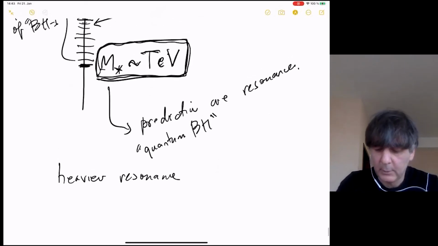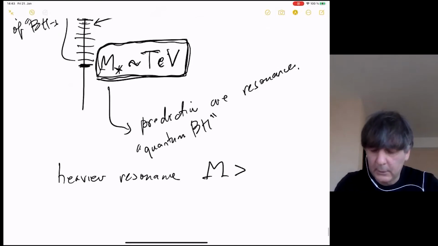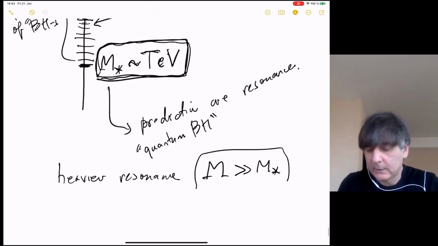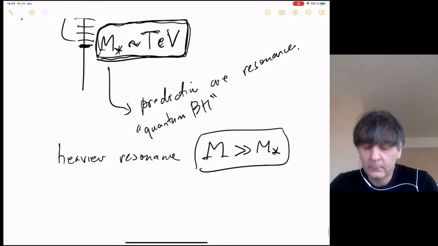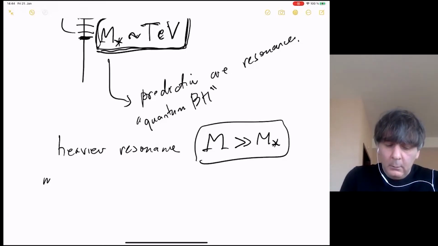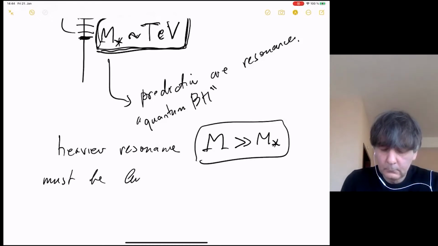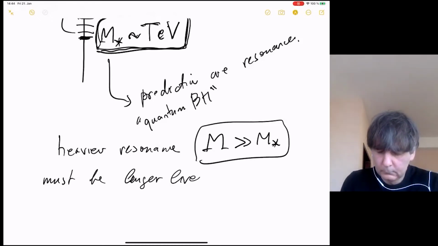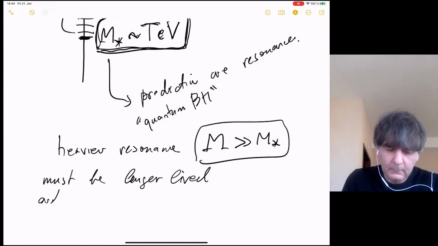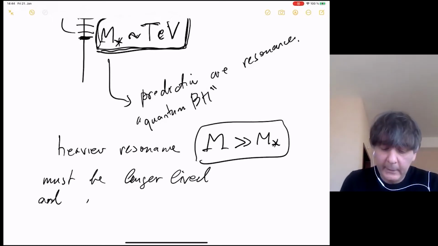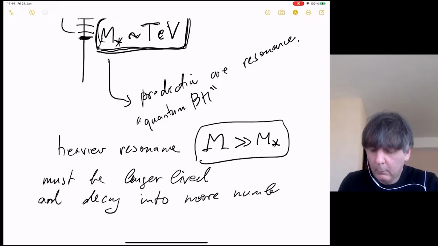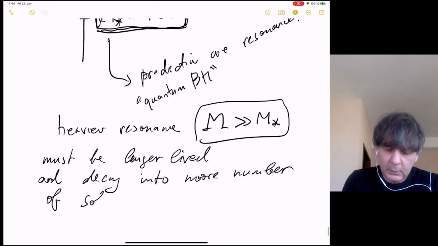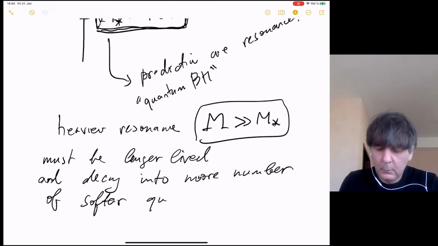So if I have a resonance with mass m larger than M star, it cannot be much larger with the present capacities of the accelerator, but somewhat larger, it must be longer lived and decay into a larger number of softer quanta.